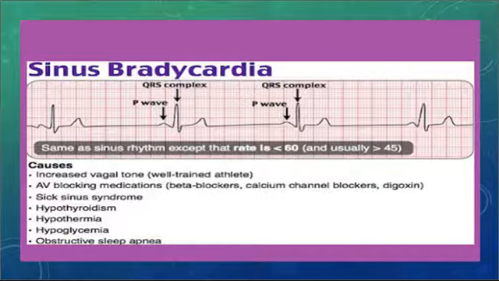When the engine is revved down, you can have sinus brady and possibly be symptomatic. Hypothermia, when the body is very, very cold, the heart rate will slow down. Hypoglycemia, there is no sugar to keep the body running, so it slows down. Obstructive sleep apnea can lead to a sinus bradycardia because there's no oxygen going through there.